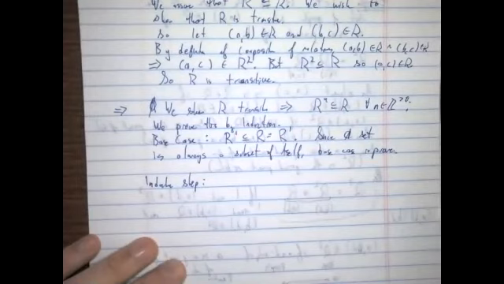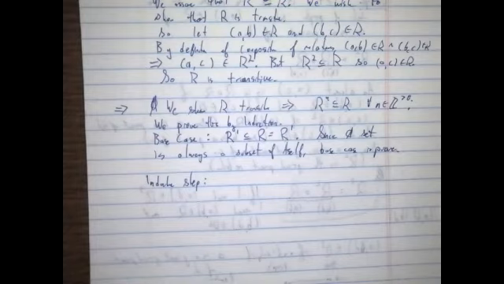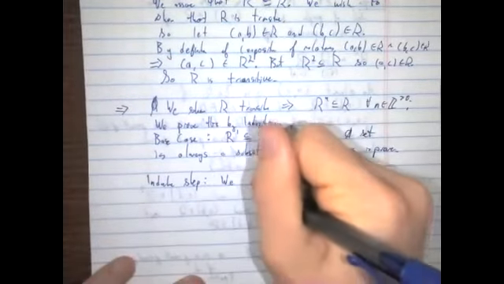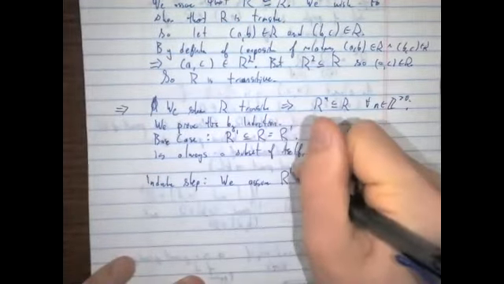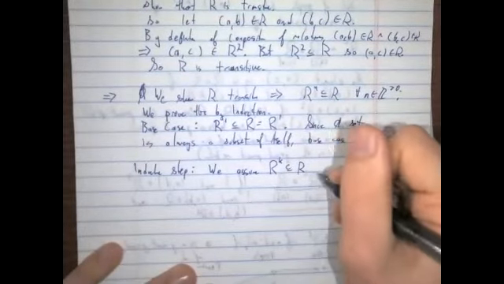What should our inductive hypothesis be? Yeah, we assume that R^k is a subset of R, right?